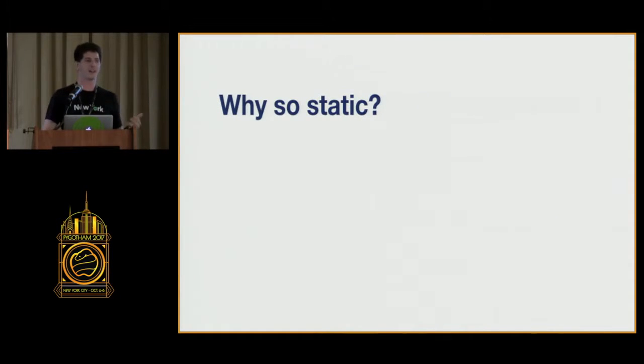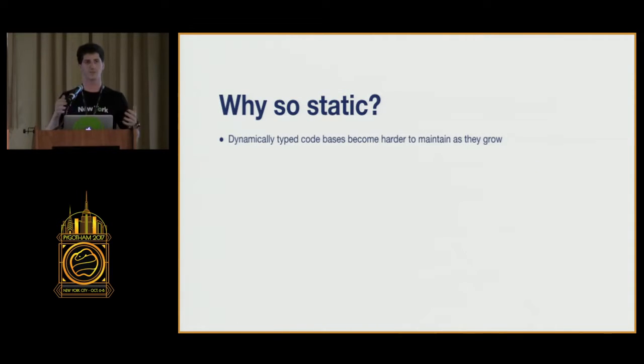So why are we actually talking about static typing in Python? Does it do anything for us? For those of you who have worked on relatively large code bases in Python, you'll probably know that dynamically typed code bases become harder to maintain as they grow larger, and you have a lot of people collaborating on the same code base.